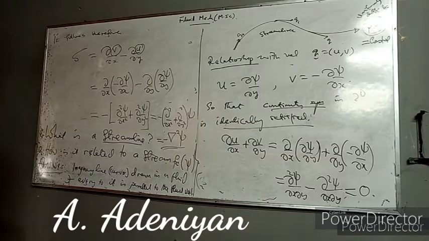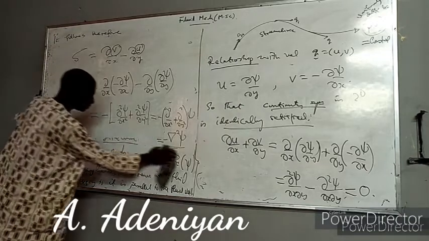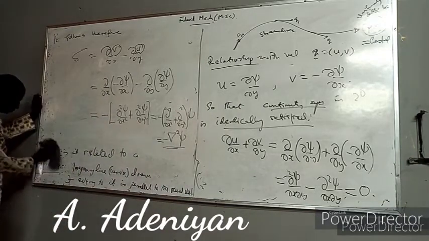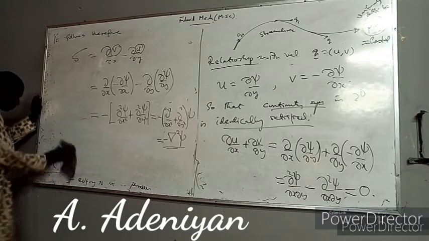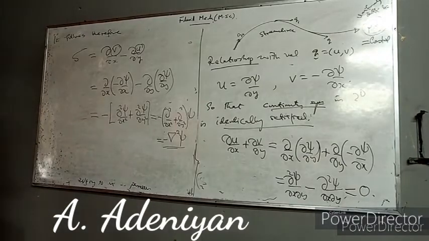So in that wise, therefore, we can now write our result as what? Zeta. What is going to be zeta? Zeta squared will now be what?